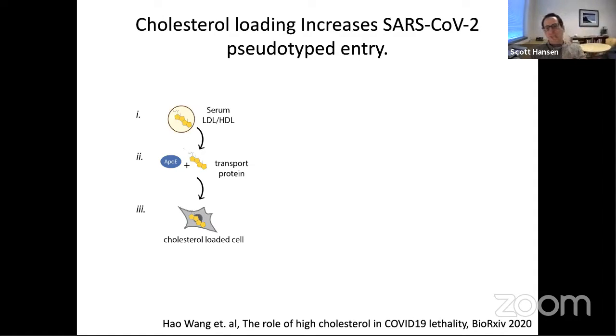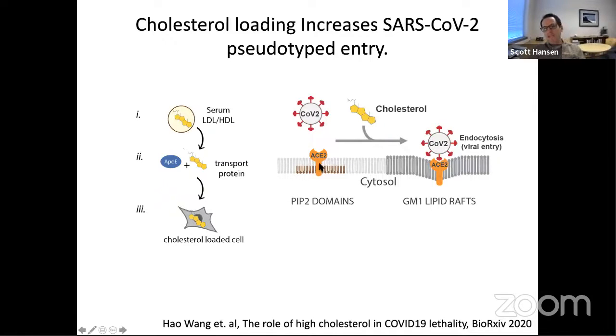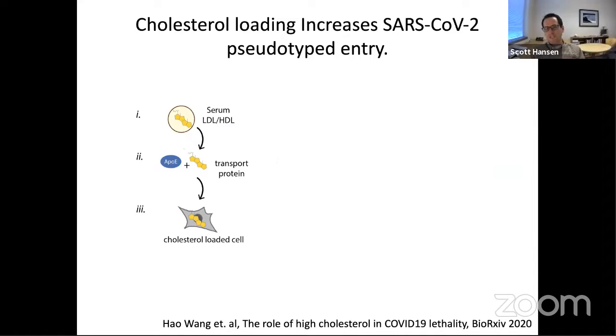One of the things we did when COVID-19 came out is we realized that this ACE2 receptor is sensitive to cholesterol, and that it is probably moving in and out of rafts too. And one of the things that was known about COVID-19 was that obesity is a very bad underlying condition. It's known that if you get older, you're much more susceptible to COVID-19.